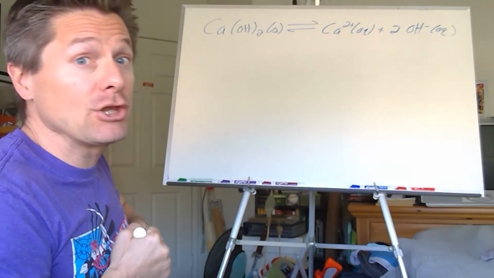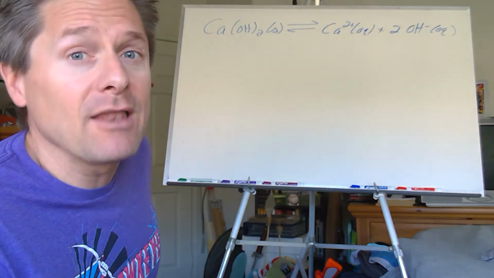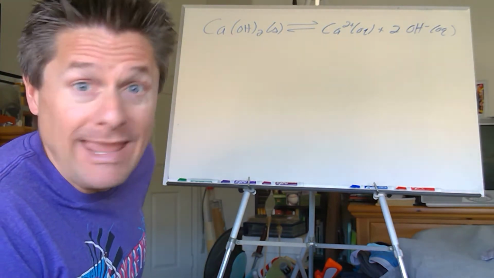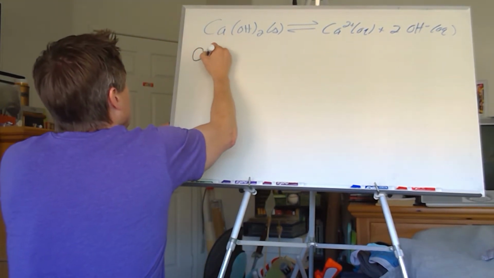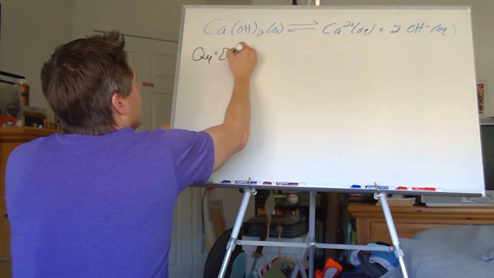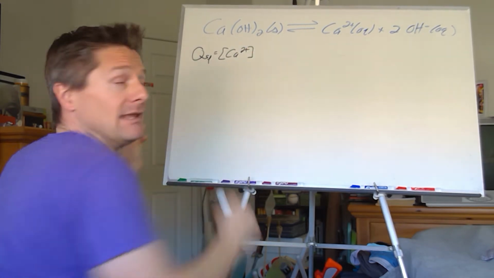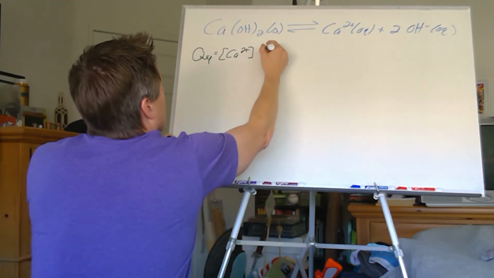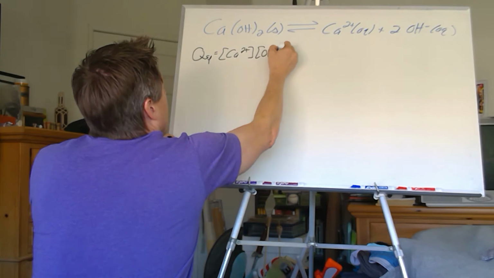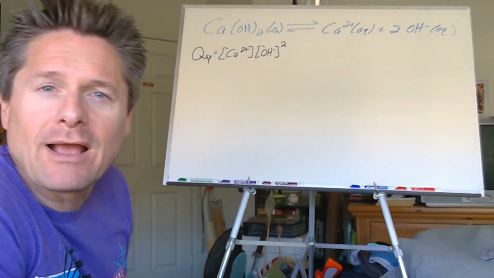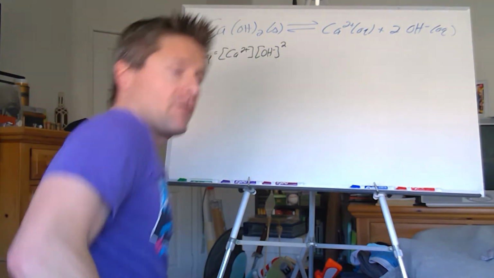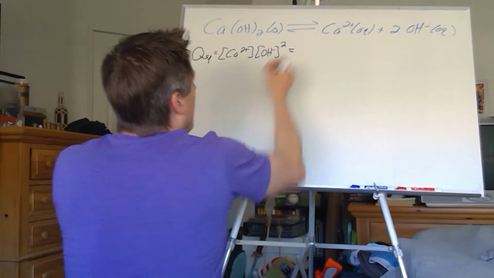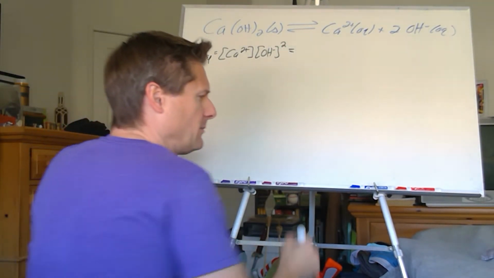All right, let's calculate our QSP. I'm assuming a solid's going to form, because if it doesn't, we can't do the rest of the problem. But let's prove it. So QSP will be the concentration of the calcium ion initially after dilution times the concentration of the hydroxide ion after dilution, which is held constant by that buffer. We just calculated those in the first part. Let's plug those in. What was the calcium? 0.0060.